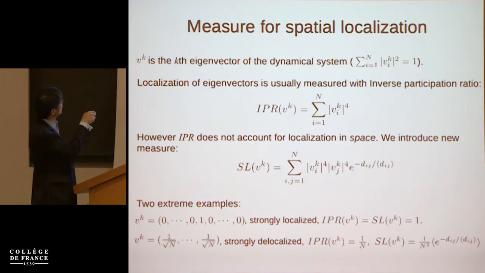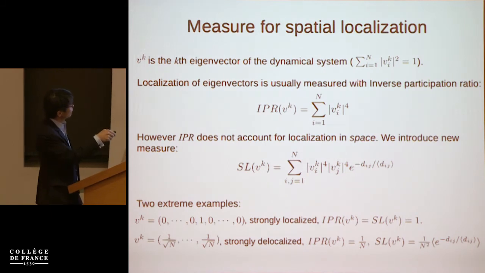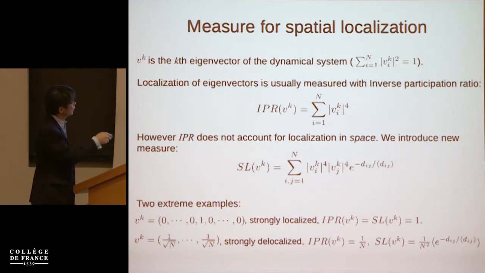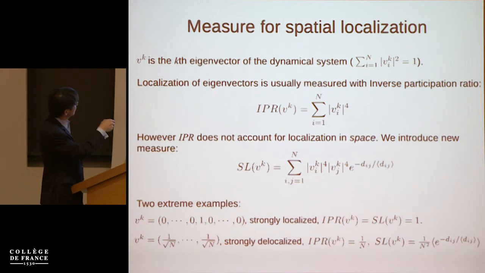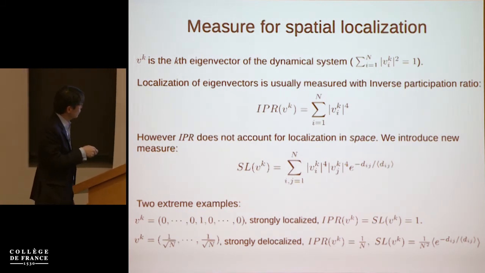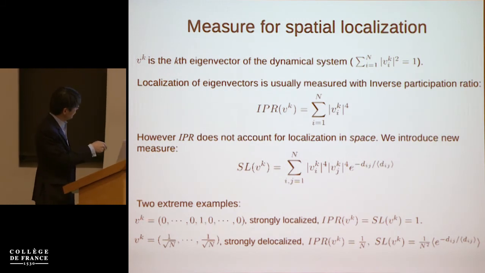So let's consider an eigenvector k with n components, let's say normalized. In physics, there's a measure of localization given by a number called the inverse participation ratio, which is simply the sum of the components to the power 4. The idea is that if you have a vector that's purely localized, 1 at one node and 0 elsewhere, then this measure is 1.